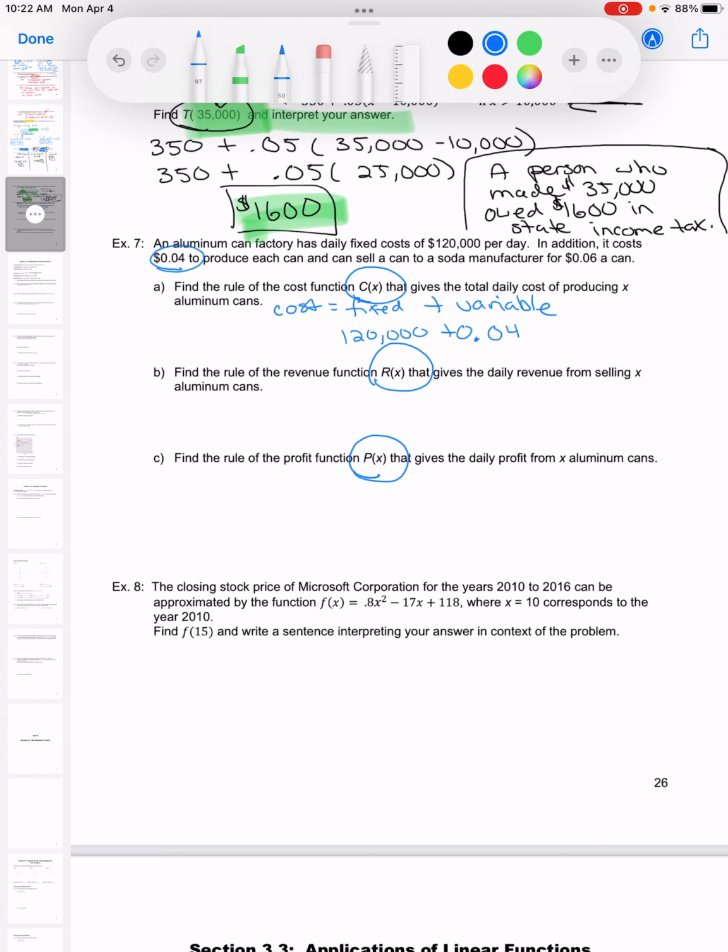I'll put 0.04. The variable is the one that also has a variable with it, and that's because it says each can. So that's for every can we produce. I don't know how many cans we might produce. We could produce 1 or we could produce 1,000. So I am going to put an X there. So the cost is that function right there.